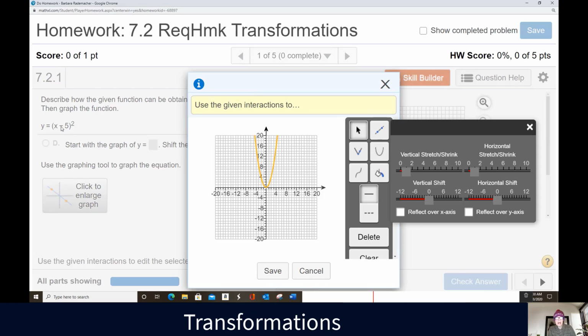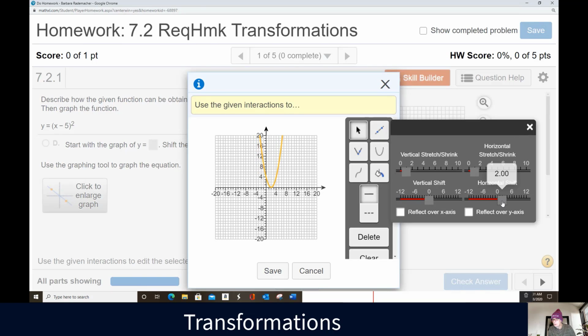Now, that -5 in the argument is going to shift the graph horizontally 5 units to the right. So you have horizontal and horizontal. This says horizontal stretch or shrink, which we didn't talk about. This is horizontal shift. Okay, I am going to the right 5 units.